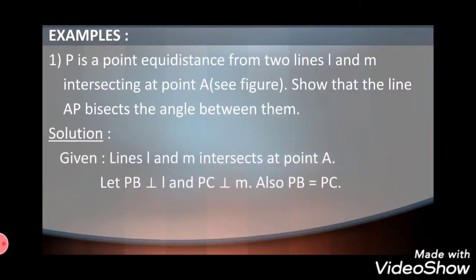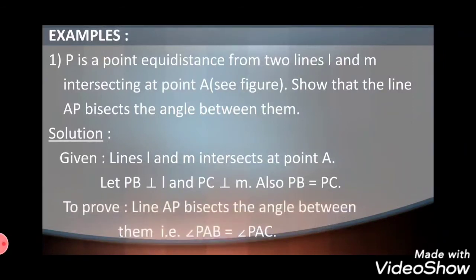Lines L and M intersect at point A. Another given is, let PB be perpendicular to line L and PC perpendicular to line M. Also it is given that P is equidistant from lines L and M, therefore PB will be equal to PC.